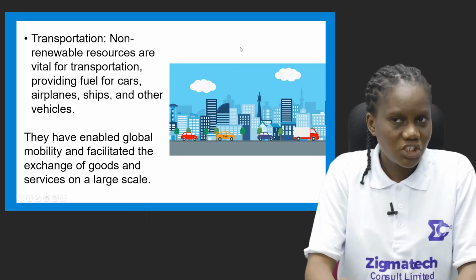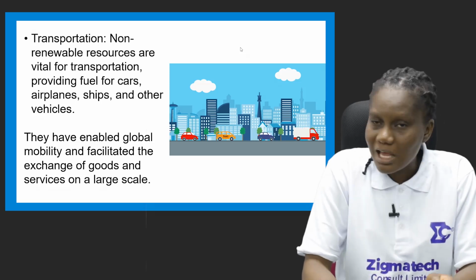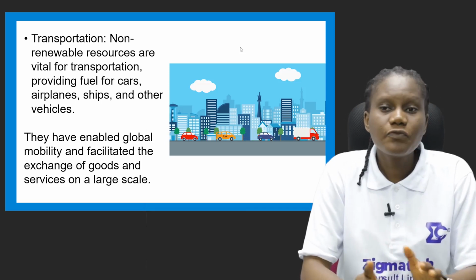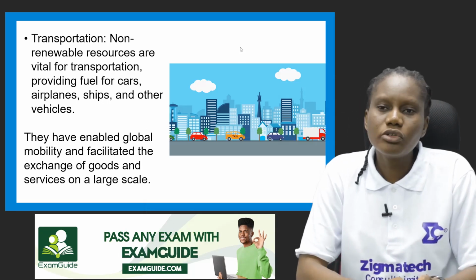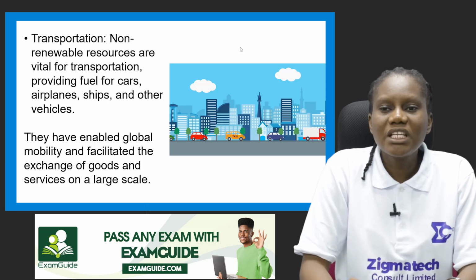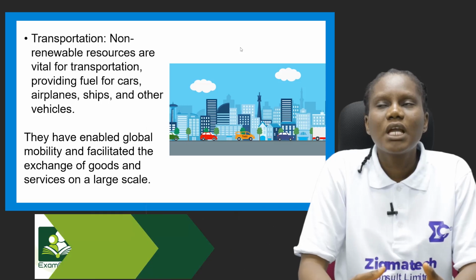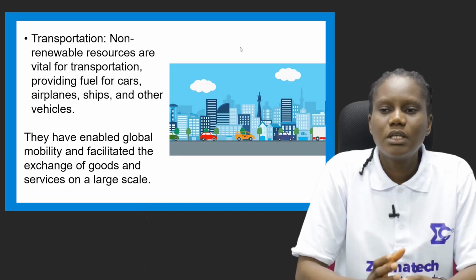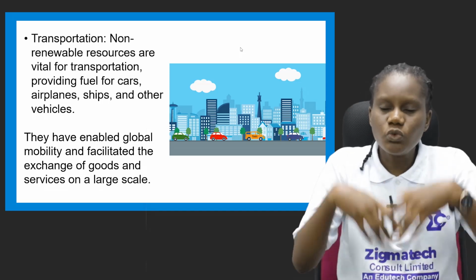Also in transportation, our non-renewable resources are vital for transportation, providing fuel for cars, airplanes, ships, and other vehicles. So in a way, it's part of us every time. It's not something that we can just put aside. It's what we use every day.